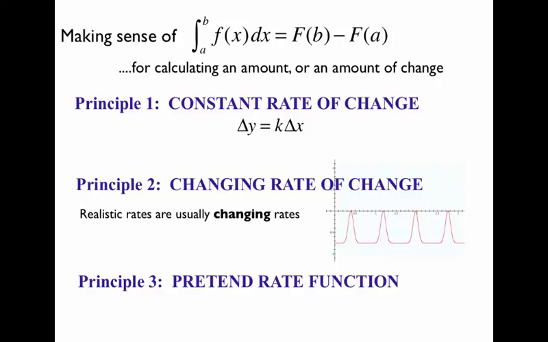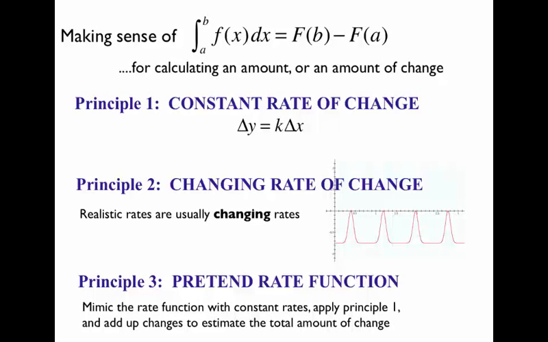If we don't have a constant rate of change, we can't use principle 1. So that's why we turn a changing rate function into a bunch of constant rates, so we can use this real easy math relationship. We mimic the rate function with constant rates, apply principle 1, and add up the changes to estimate the total amount of change. The total change is the sum of a bunch of k delta x's.